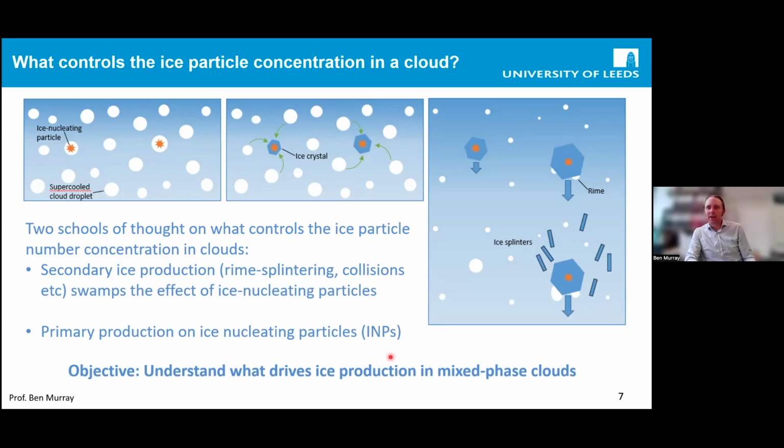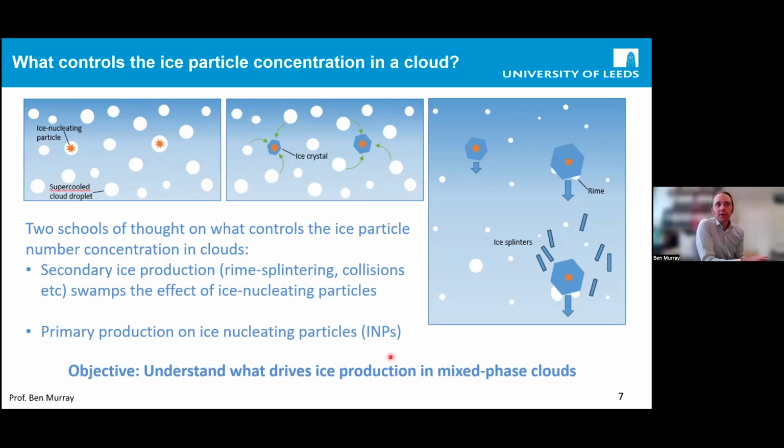Some of my colleagues over in Manchester, for example, will argue, we have some debates, that secondary ice production tends to dominate the ice crystal concentration and rapidly overwhelms the primary ice produced by ice nucleating particles, sort of rendering the initial concentration of INP kind of irrelevant.